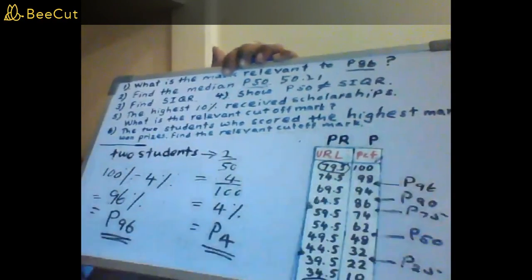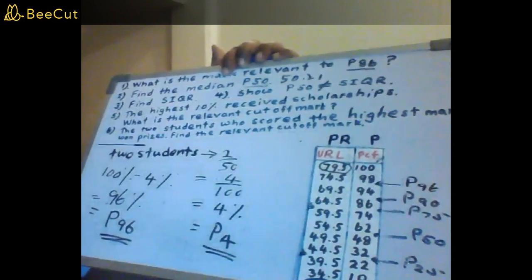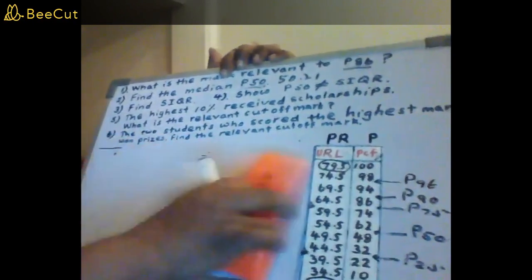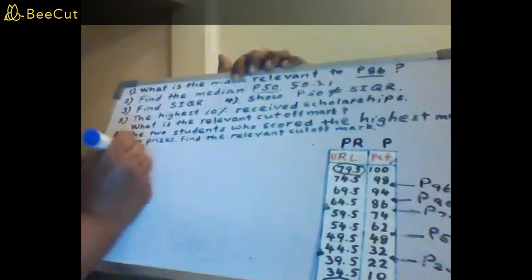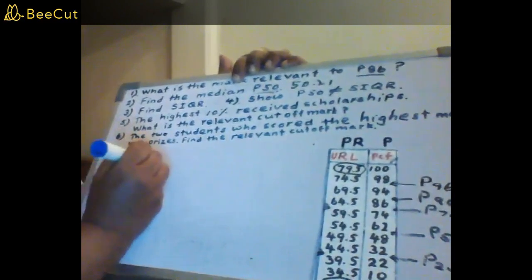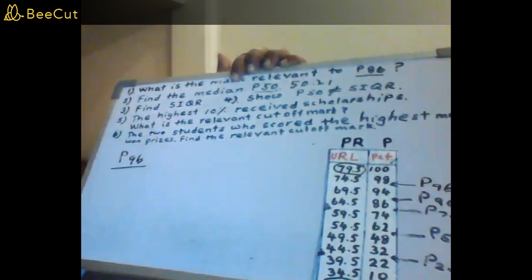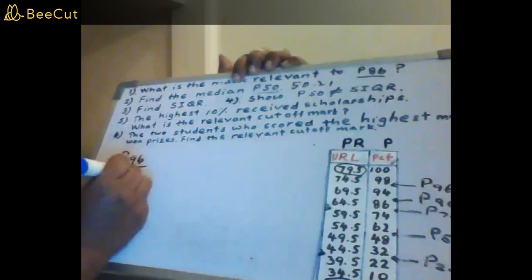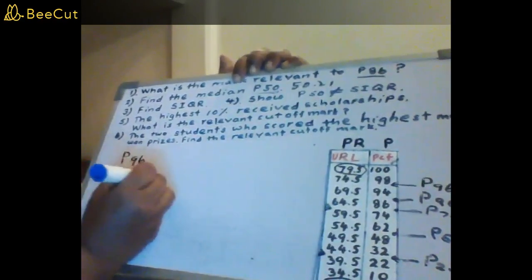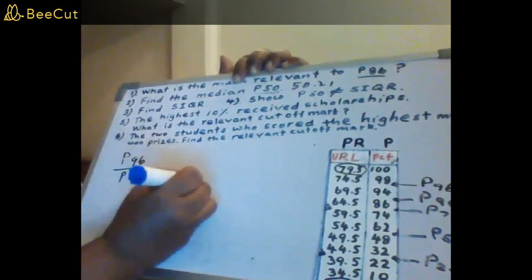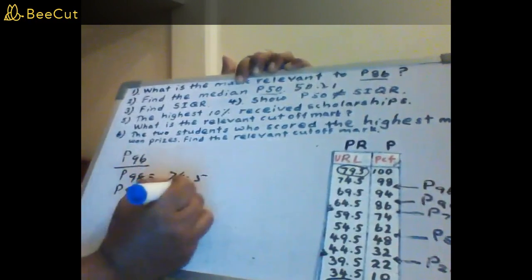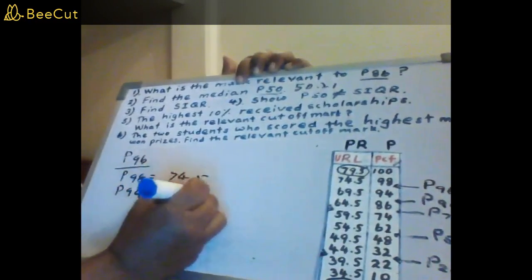P96. Right? Now we'll once again, as usual, do the problem. P96, that's what we'll have to find. So we write 96 is done. P98 equals 74.5. P94 equals 69.5.